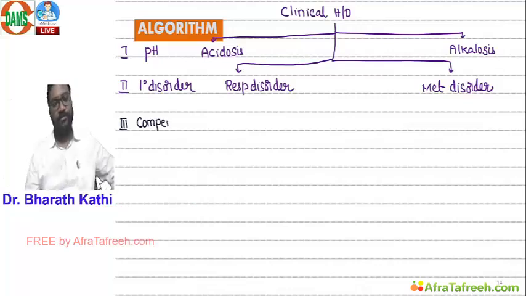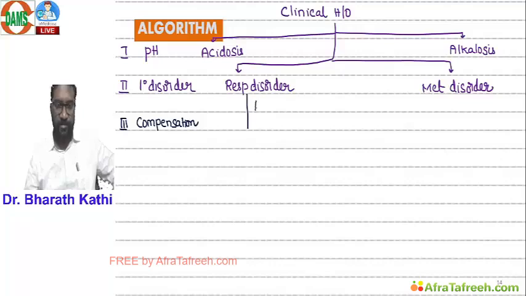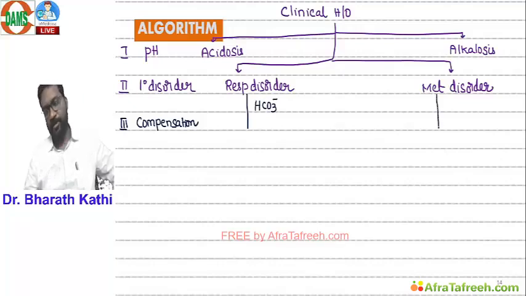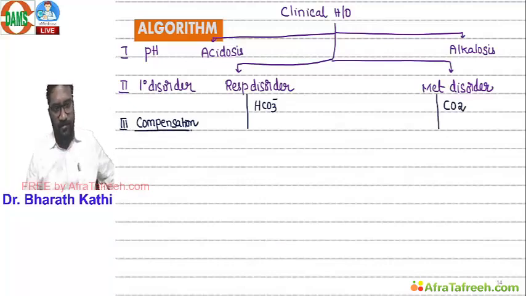If it is a primary respiratory disorder, what compensation you should calculate? Metabolic compensation. If it is a primary metabolic disorder, you should calculate respiratory compensation. By given set of formulas, you have to calculate.